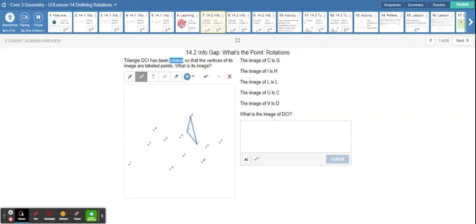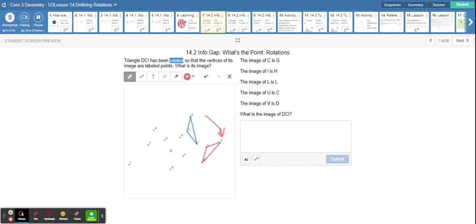All right, so I'm thinking that there could be a couple places where this gets rotated to that might make sense. There's a couple of triangles I can see in here that might make sense. It looks like WUV kind of looks like the same triangle, but rotated in this direction.